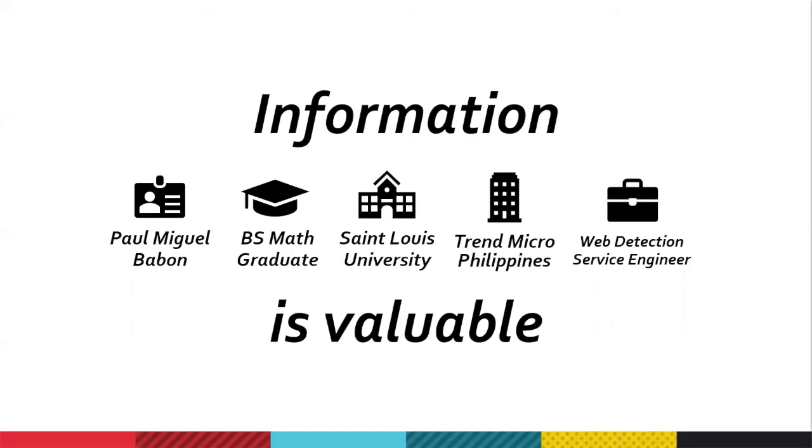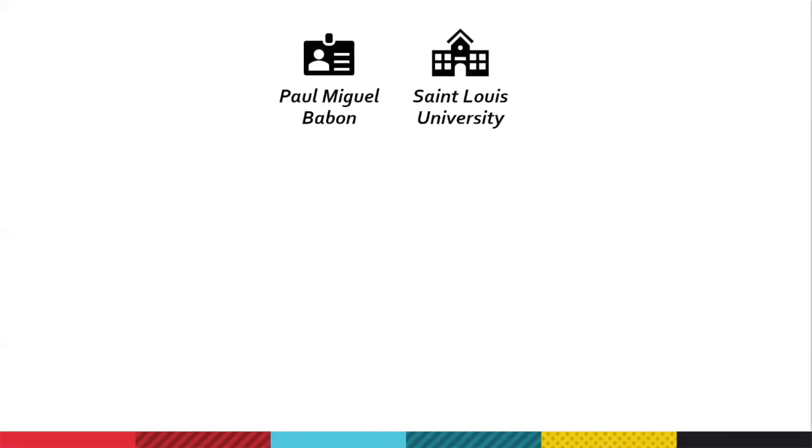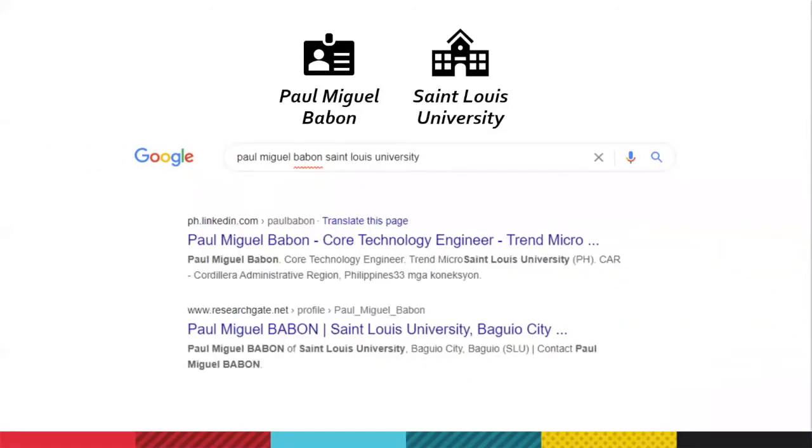So the question is, how valuable is information? I think the answer can be found by taking two pieces of information, my name and my school. Let's grab these two and type them in the Google search bar. As you can see, just from the first two results, Google is already giving me links and websites that will help me know more about this person.